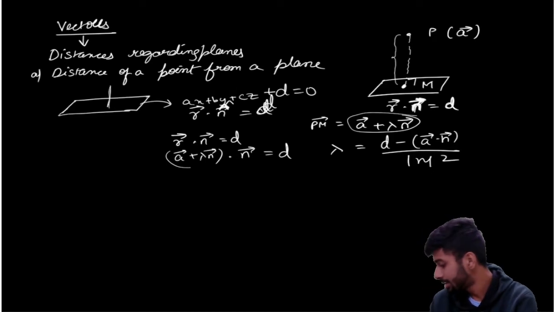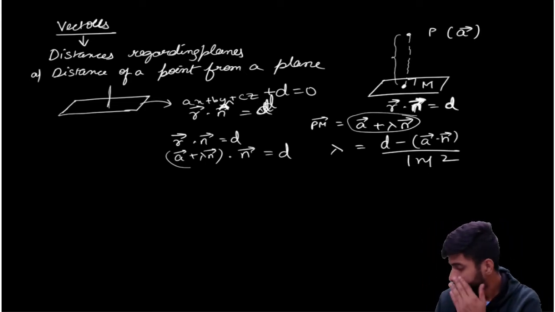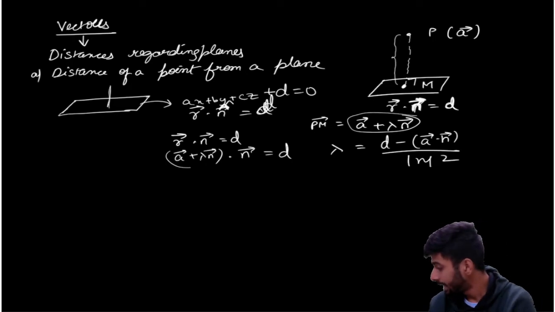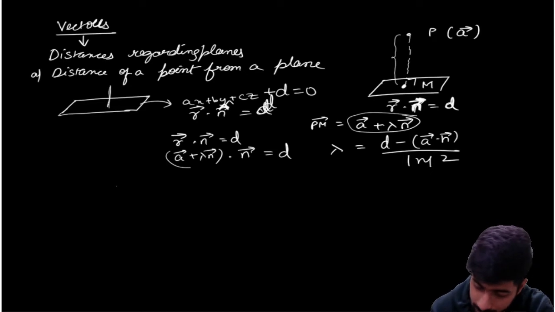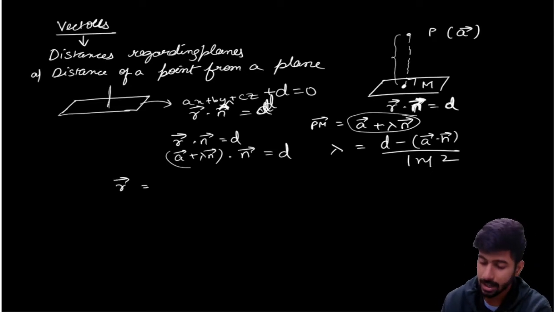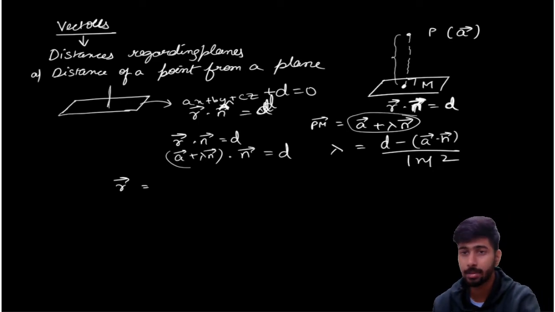So I hope you have understood this. With this done, you can actually find out. Your r bar is nothing but a bar plus lambda n bar. What is r bar? Basically the position vector of any point on the plane, right? That's what r bar was.